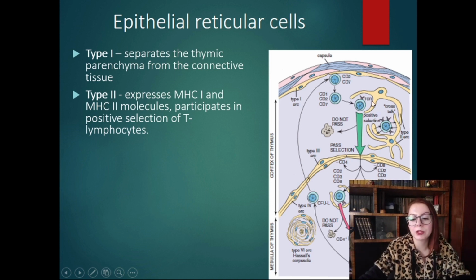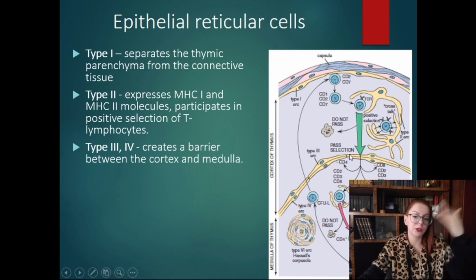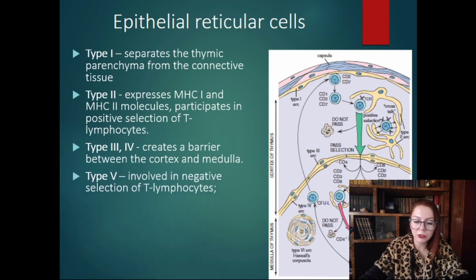So we are going to discuss their function next slide. Then type 3 and 4, these are the cells forming the barrier between the cortex and the medulla. So again, they expose occluding junctions or tight junctions, and their main function is just to border two regions.